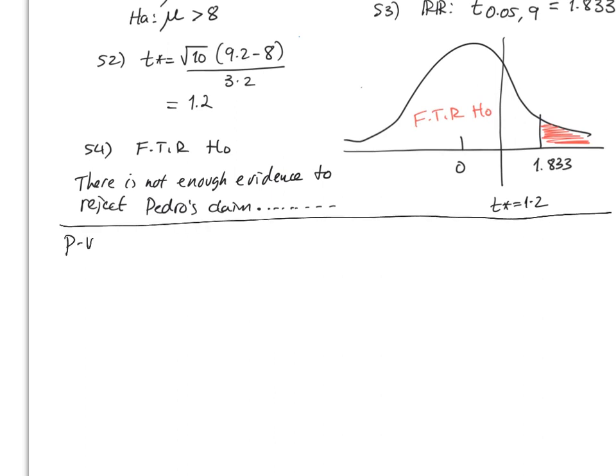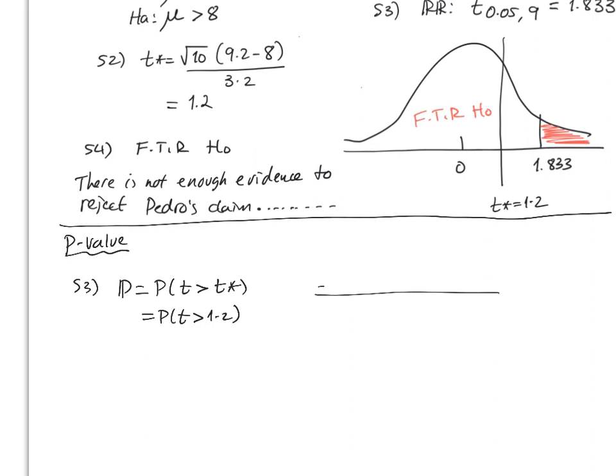So for the p-value, let's do the two methods, the calculator and the table. So for step 3, the p-value is going to be the probability that t is greater than t star, which is the probability that t is greater than 1.2. You don't have to do a graph for the p-value, but it's better. Greater than 1.2 is this, which is pretty much the green area, like I told you before.